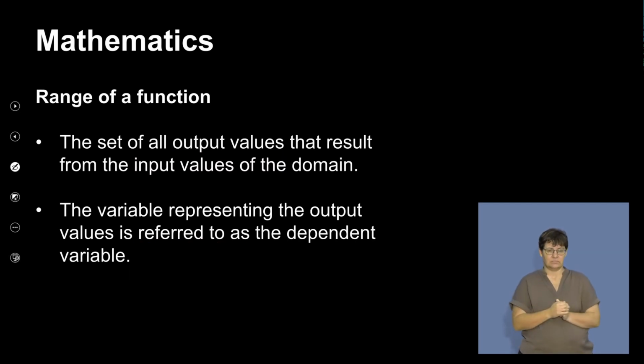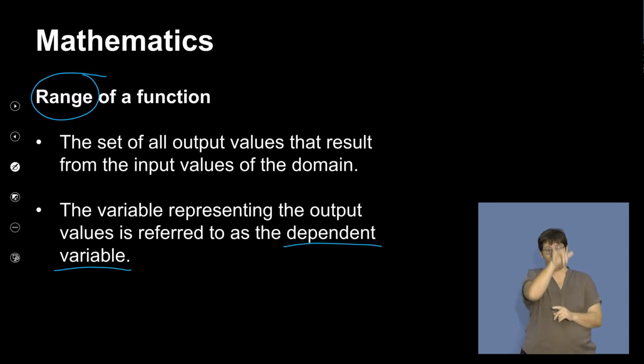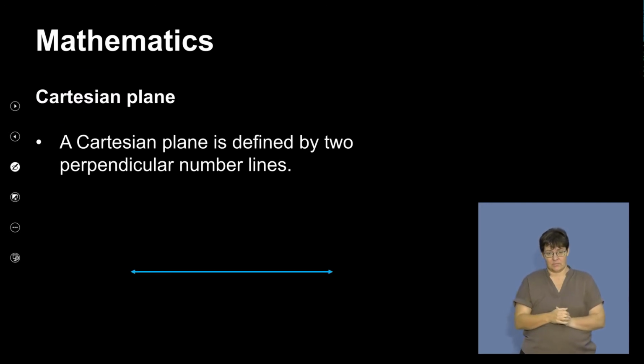And then the range of a function will be the set of all the output values that result from the input values. So what this means is, for me to get a range, I must have a domain in order to get to that particular range, because a range is an output. And the variable then represented there is called the dependent variable of that particular function.